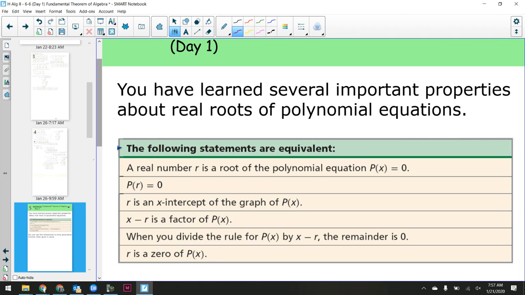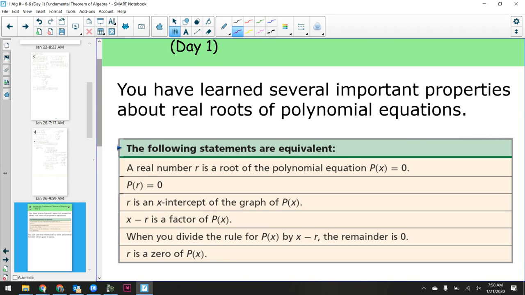A real number r is the root of the polynomial equation P of x equals 0. We talked about P of r equals 0. It's an x-intercept. It's a factor of P of x, right? We know that x minus r is always going to be a factor. Every root will have a corresponding factor associated with it. We'll talk about it a little bit more today. When we divide, we get a remainder of 0.